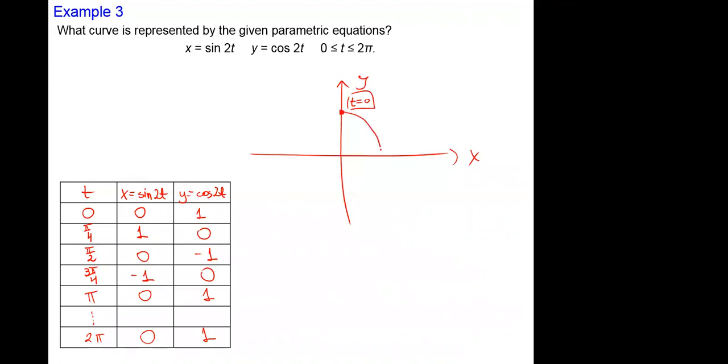I think we're going this way, right? Because this is 1, 0, and then, oh, actually I should put my arrows in the middle. 0, negative 1, and then, do I have that point? Negative 1, 0, correct.